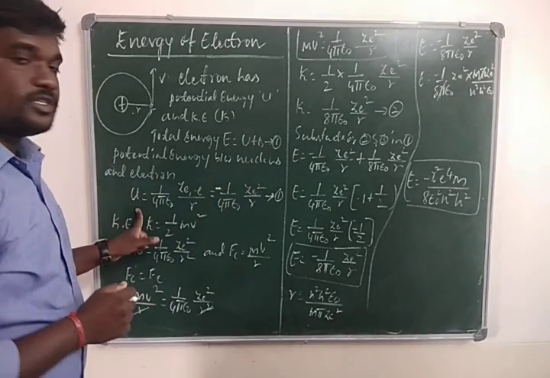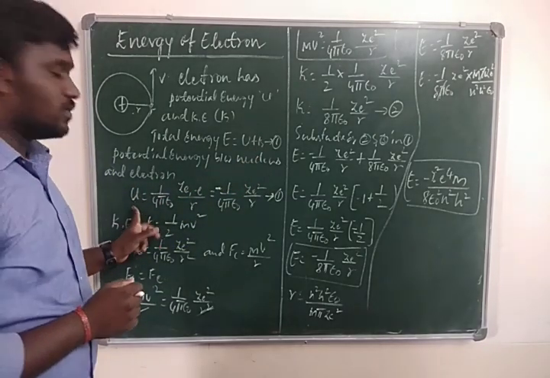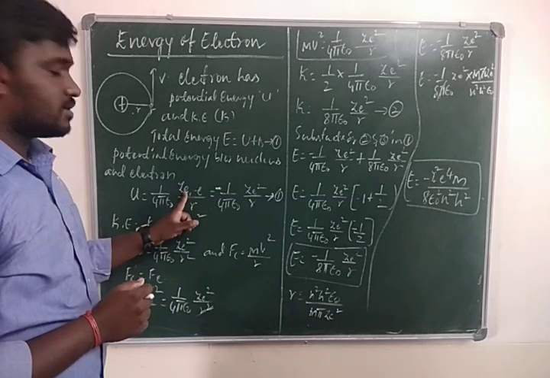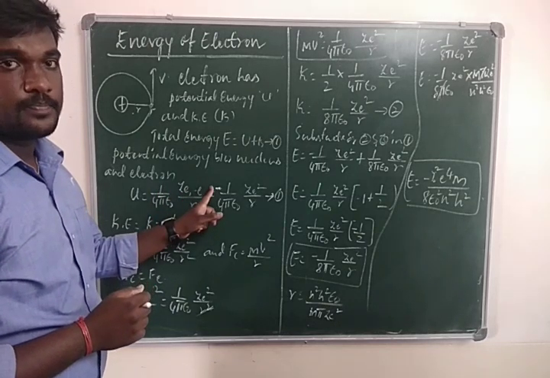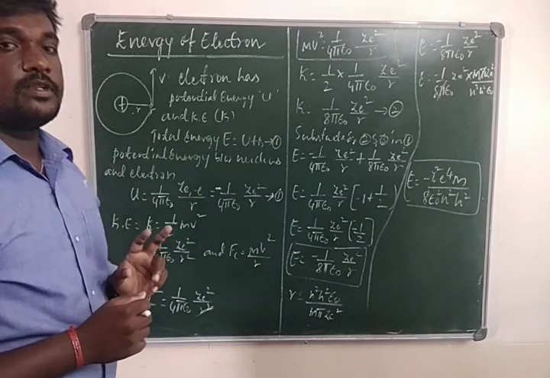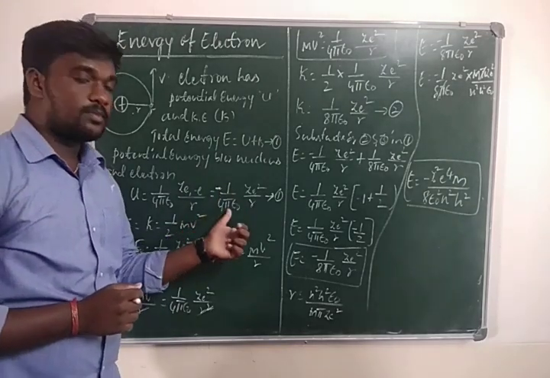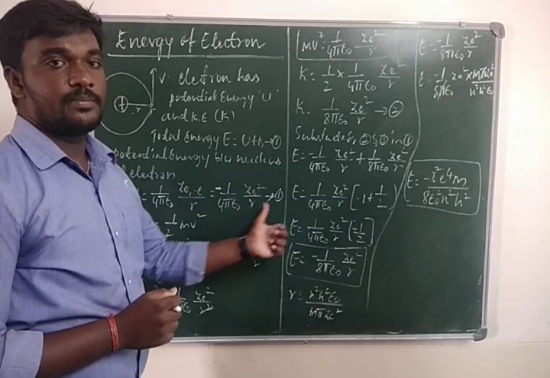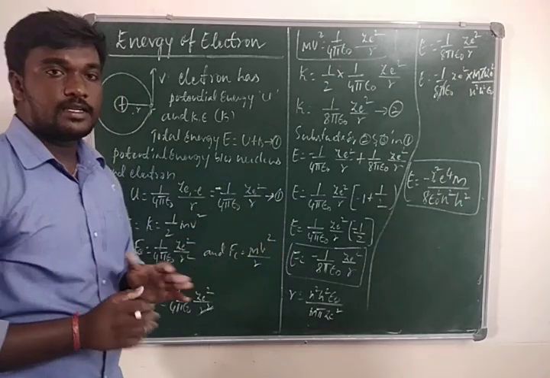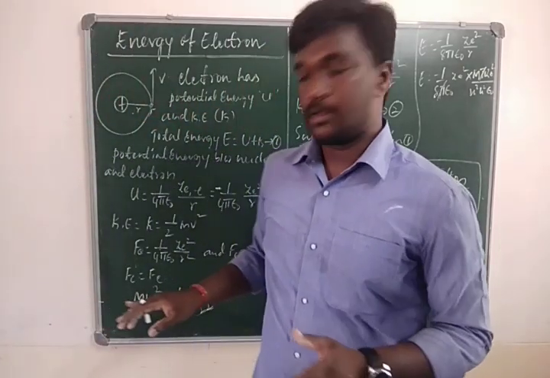The potential energy we consider U is 1 by 4 pi epsilon naught Ze into minus e. The potential energy between nucleus and the electron, that means minus 1 by 4 pi epsilon naught Ze square by R. The kinetic energy, we know, is half mv square.